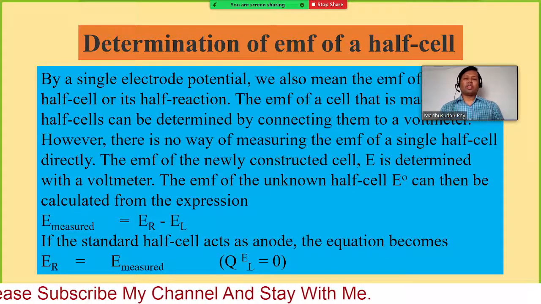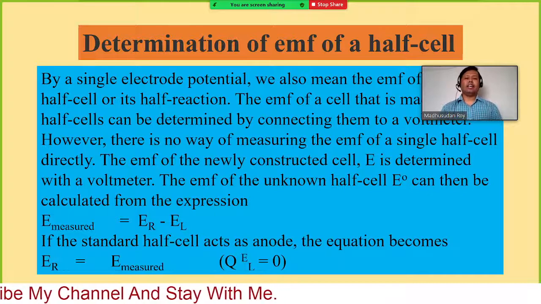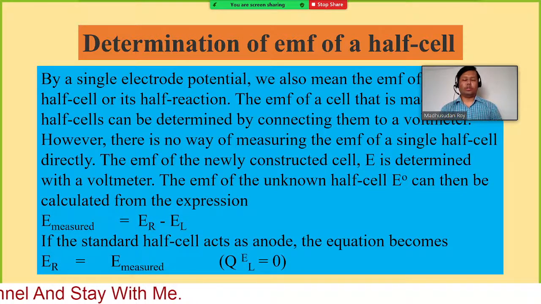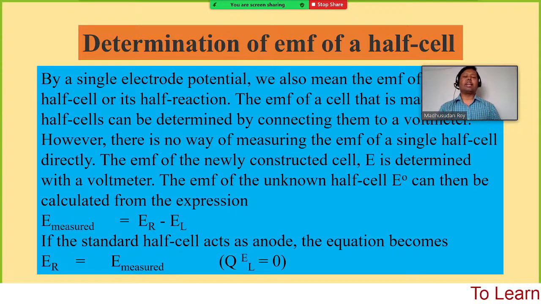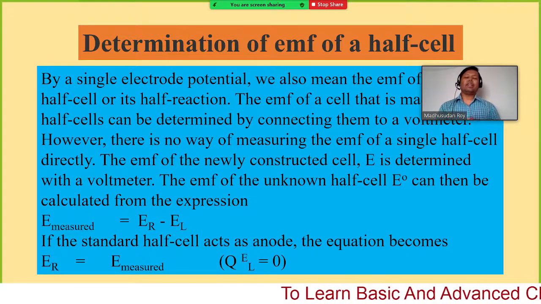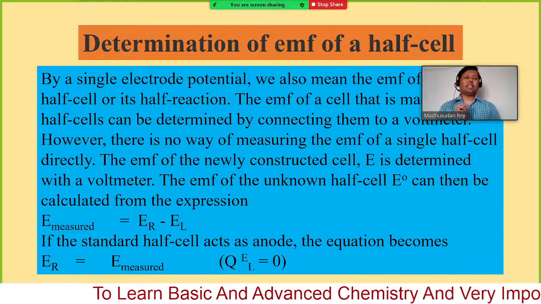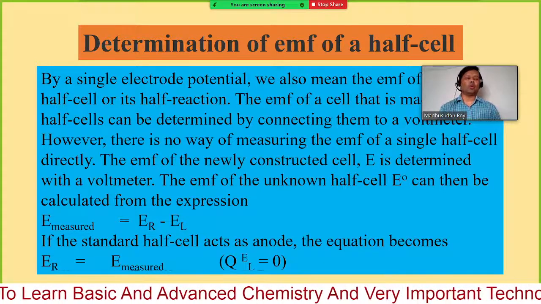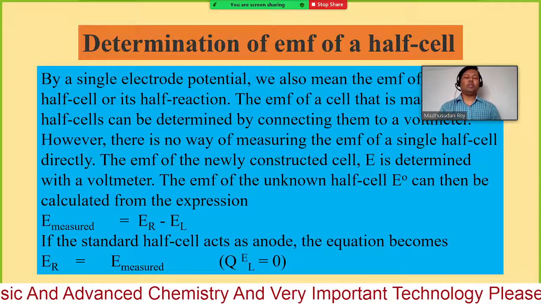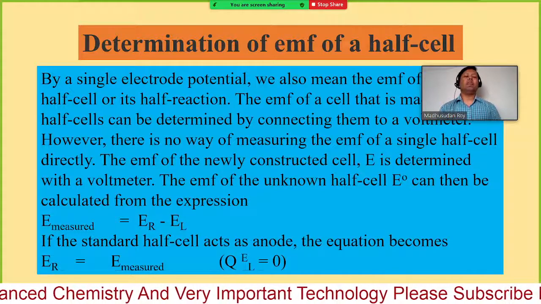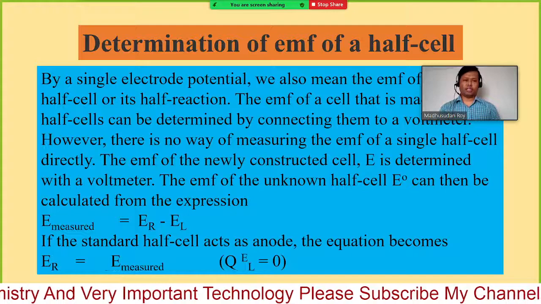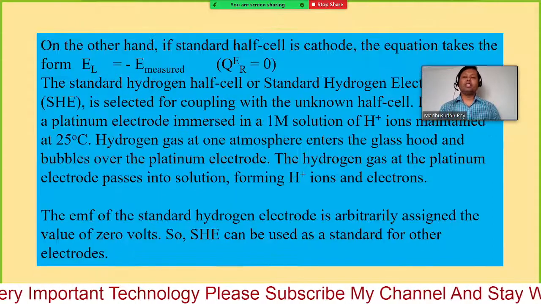So if we connect the unknown half cell to the hydrogen electrode, we will get exactly the measured voltage, which is exactly the potential of the unknown half cell, because the hydrogen electrode has a potential of 0 volts. So that is very simple.